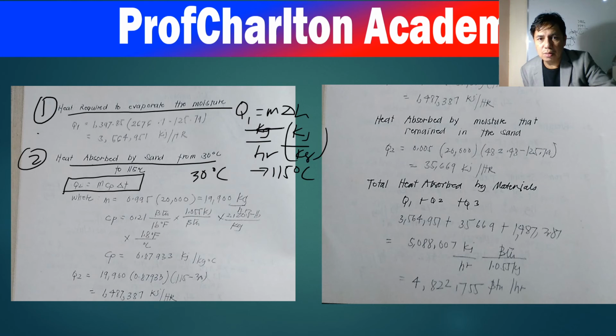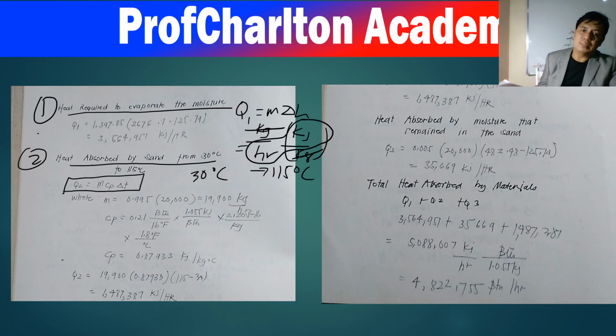So kilogram and kilogram cancel, and what you will be left with is kilojoule per hour, which is the unit of power or heat in kilowatt. Energy per unit time is power, so you can convert this into kilowatt. If you convert hour into seconds, you can get kilowatt.